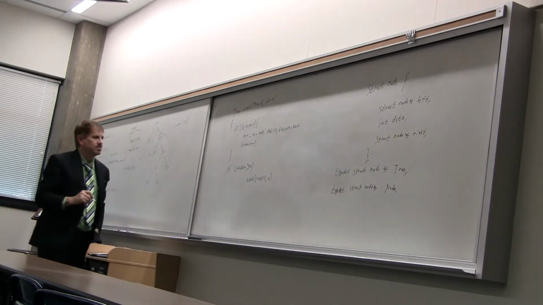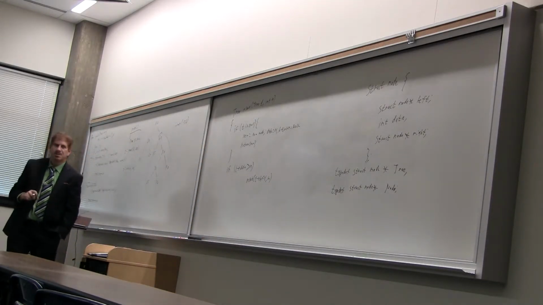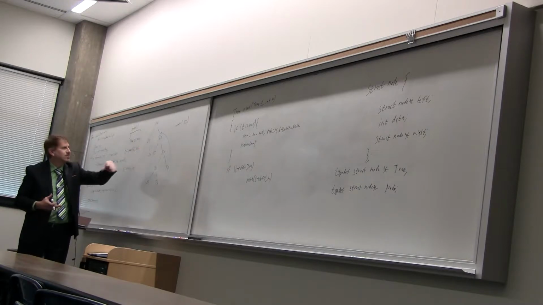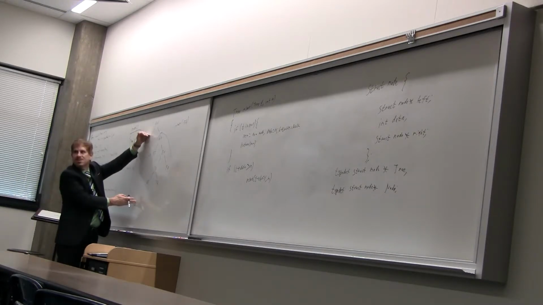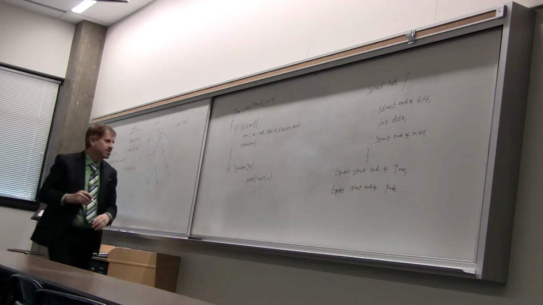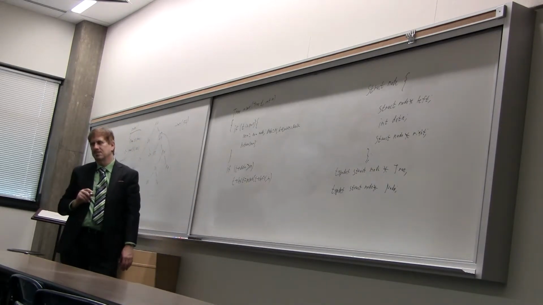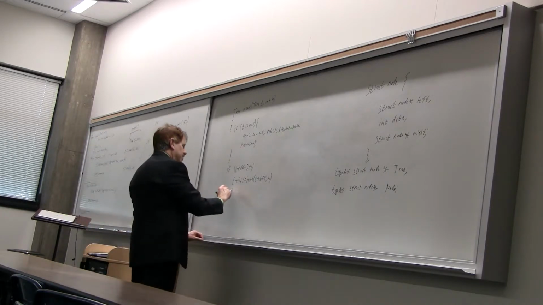So I'm going to call my insert routine and say insert n into the left subtree of T. And that's going to return a new tree that includes this new node. And I want to replace this left subtree with that new tree. So I'm going to say T arrow left equals insert. And I'm going to return tree T.